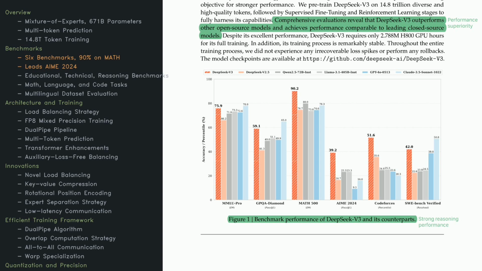It also leads on AIME 2024, showing strong reasoning skills. For Codeforces and SWE Bench Verified, the margin shrinks but still favors DeepSeek V3. The chart highlights not only the model's computational efficiency, but also its adaptability to various complex tasks. It's an interesting visual because it pinpoints the model's strengths and where there's room for improvement, especially in coding tasks.